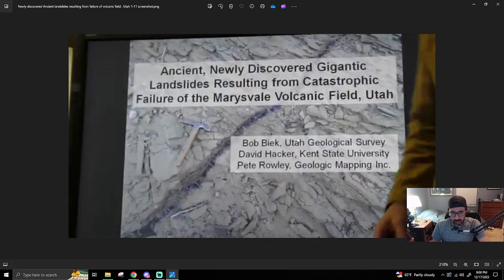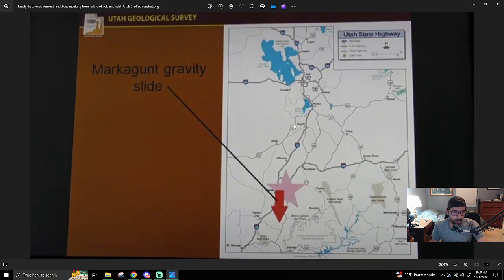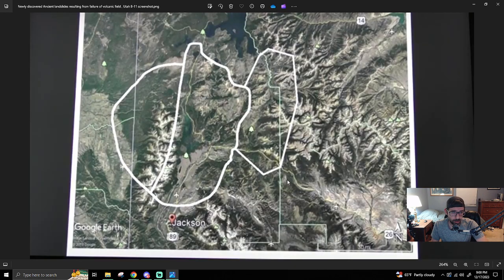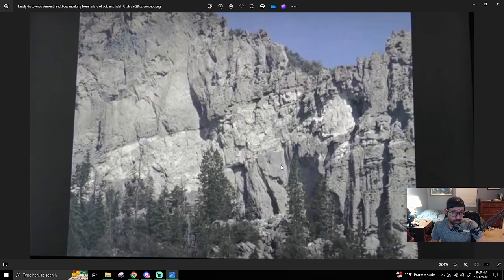Okay, so this is the other one. Let's just go through this real quick, because we already looked at some images. I believe as this overall structure slid, it absorbed portions of the Bryan Head Formation.